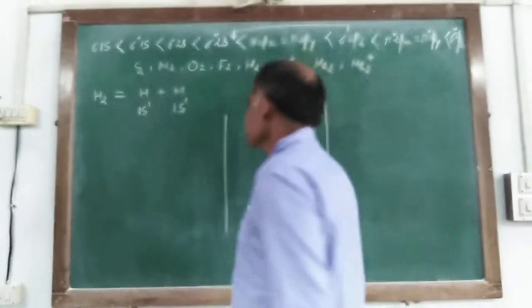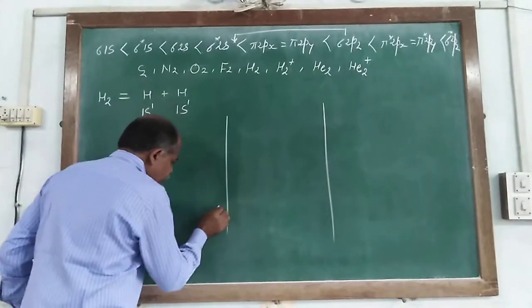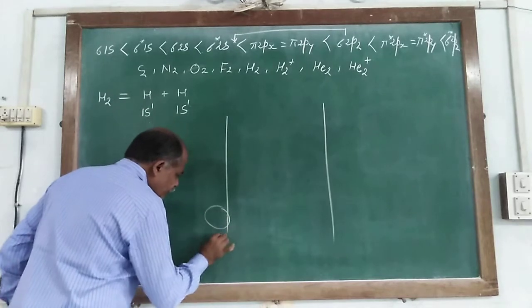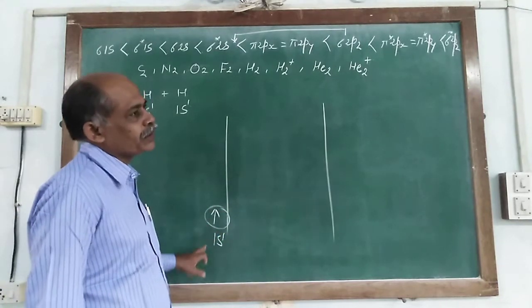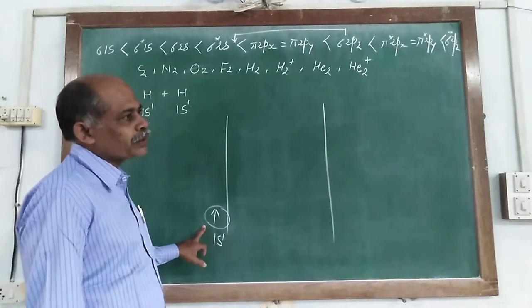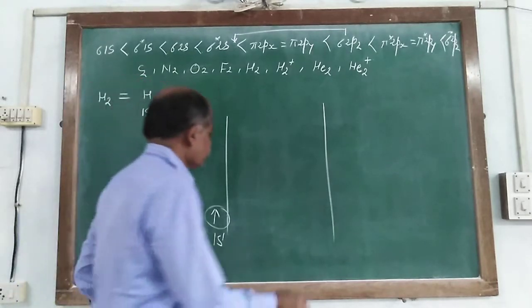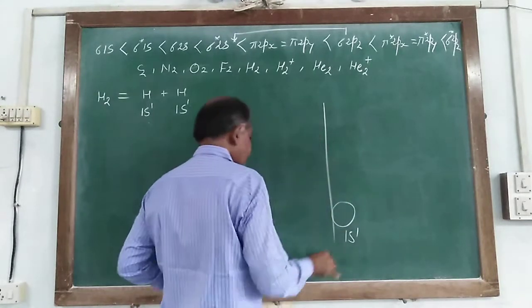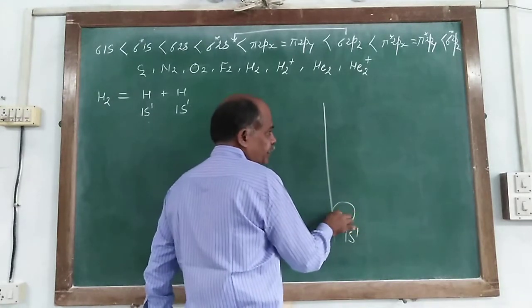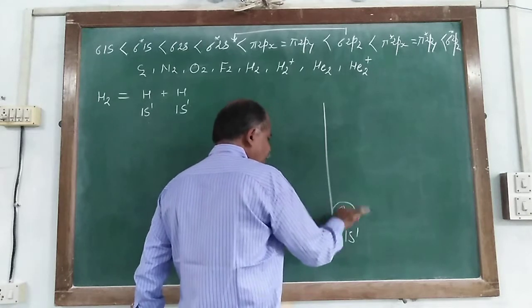So one hydrogen atom has one electron in its 1s orbital, and the other hydrogen also has one electron in its 1s orbital.